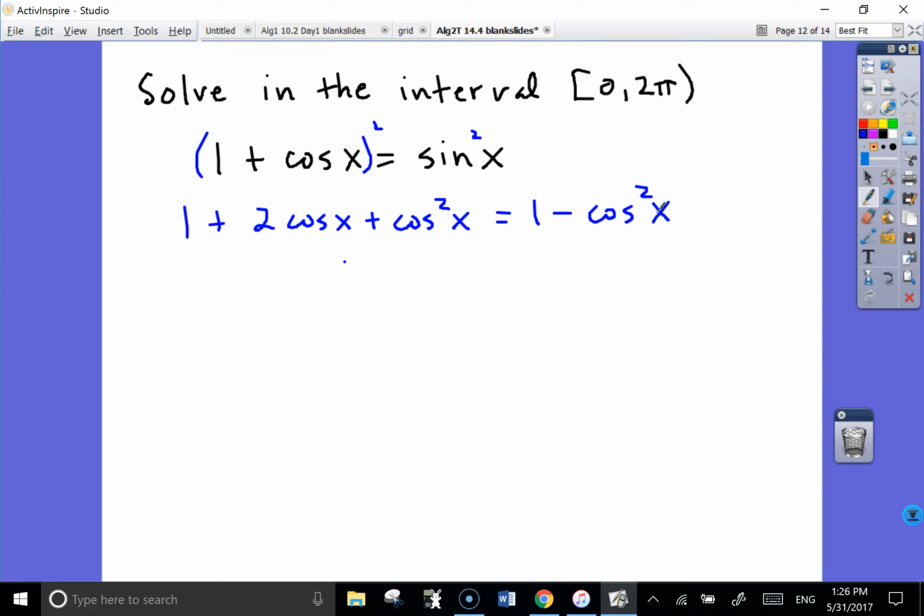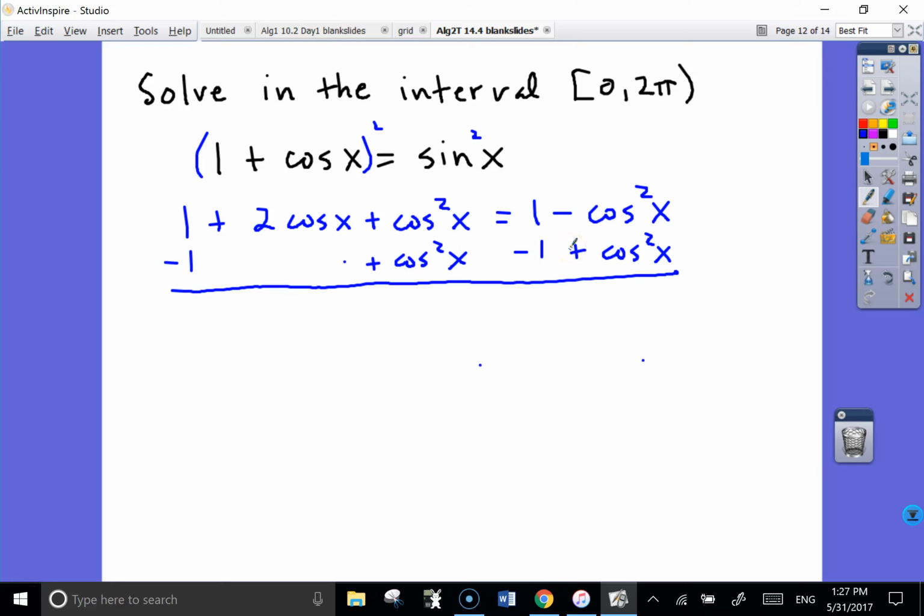Okay, it looks like it's a quadratic type or quadratic form, so I should get everything on one side, 0 on the other. So I'm going to subtract 1, add cosine squared, add cosine squared. And the 1's cancel, so now I've got 2 cosine x plus 2 cosine squared x equals 0.